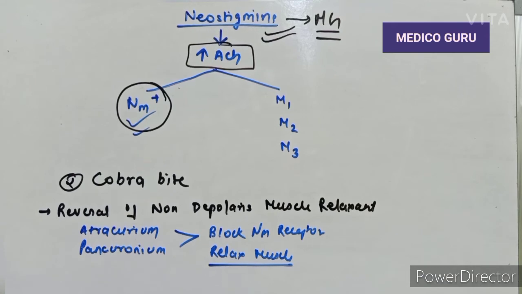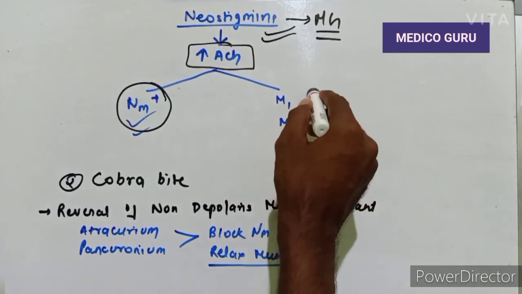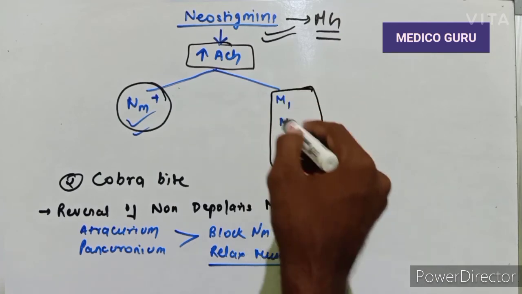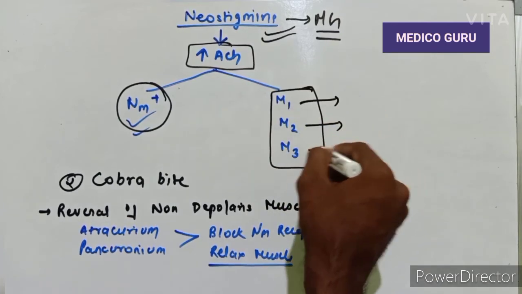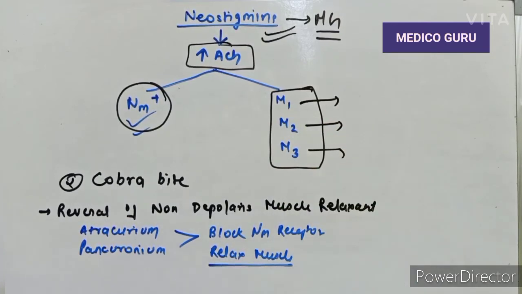In myasthenia gravis, we need to increase NM receptor activity. So it can treat myasthenia gravis, but it leads to other side effects due to the stimulation of M1, M2 and M3 receptors.